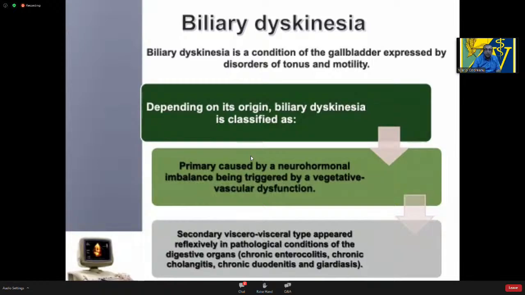And the second type is a secondary visceral type, appearing reflexively in the case of pathological conditions of the different digestive organs. We can talk here about chronic duodenitis, persistent or chronic enterocolitis, the inflammatory condition of the biliary duct, extrahepatic biliary duct, and so on.